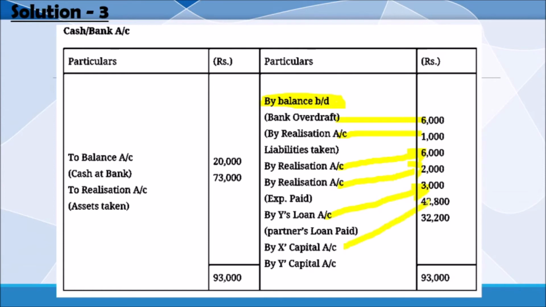The capital balances of each partner, and in the debit side, the balance brought down cash balance. It is a negative balance. Sometimes it will happen like that. We have to write very carefully. For the realization of assets, remember the total will be 93,000.